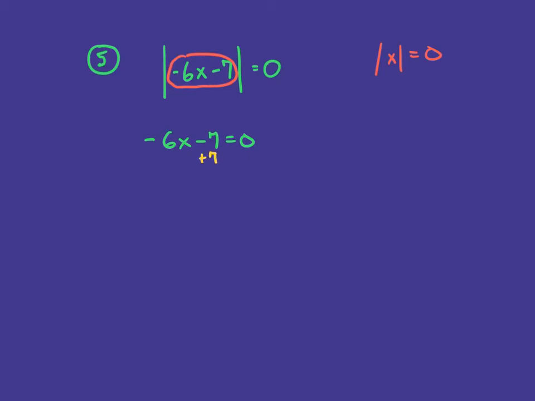So start off by adding 7. -6x on the left is equal to 7. Divide, make sure you divide by -6. That gets rid of that. And then we've got x equals 7 over -6.